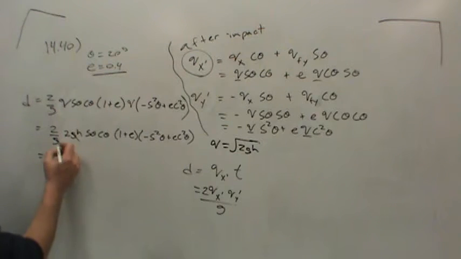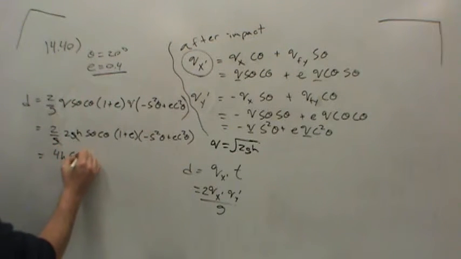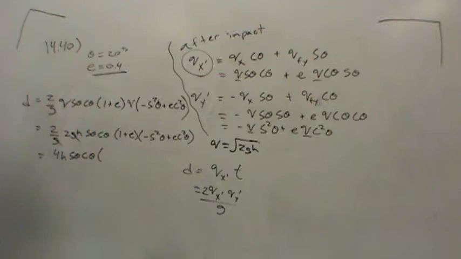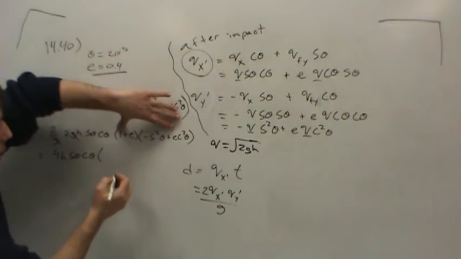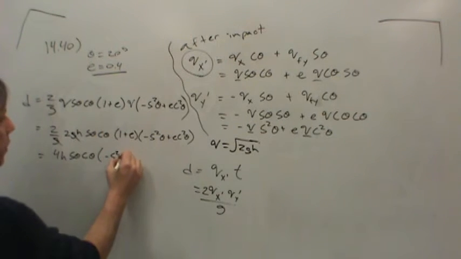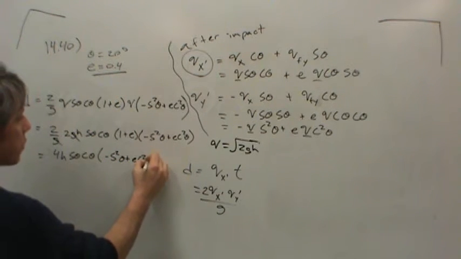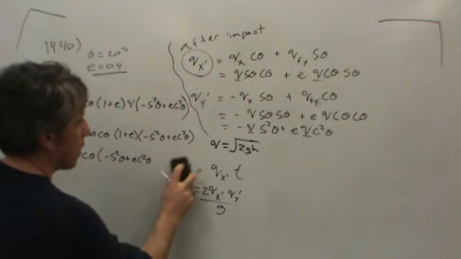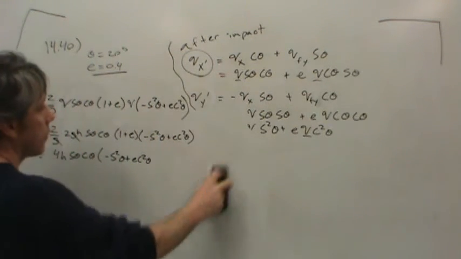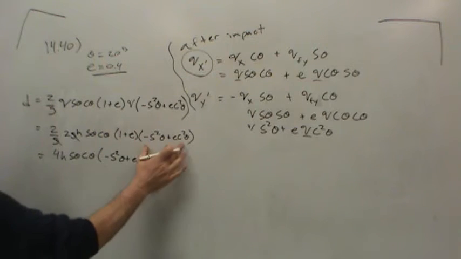So let's try it. This is 4h sine theta cosine theta times, well, let's see. 1 times each of these will be negative sine squared theta plus e cosine squared theta. That takes care of 1 times this. And then I have to multiply e by these things.